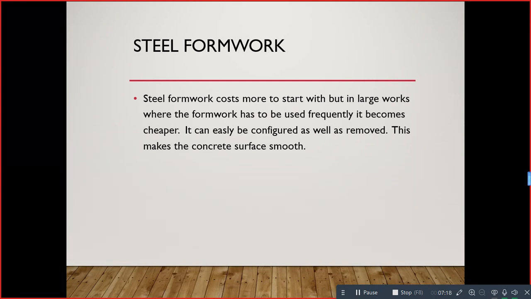So we have seen that using steel formwork requires a large amount of money, and therefore it is mostly used in large projects. It brings about a very smooth surface, so it is a little bit better in construction as compared to timber formwork.